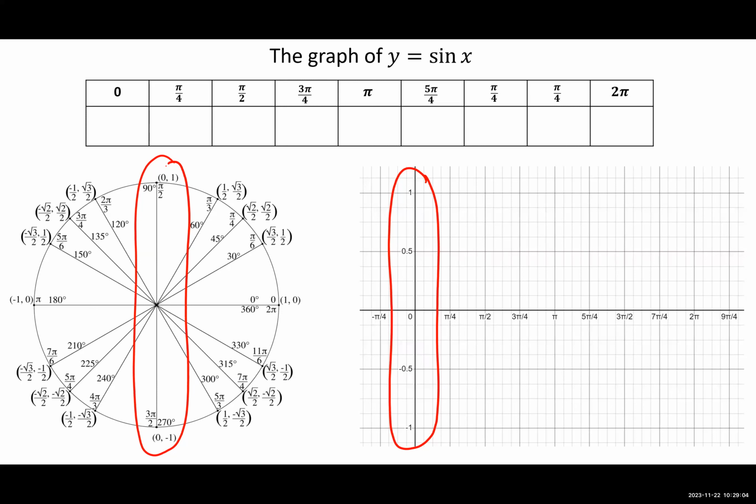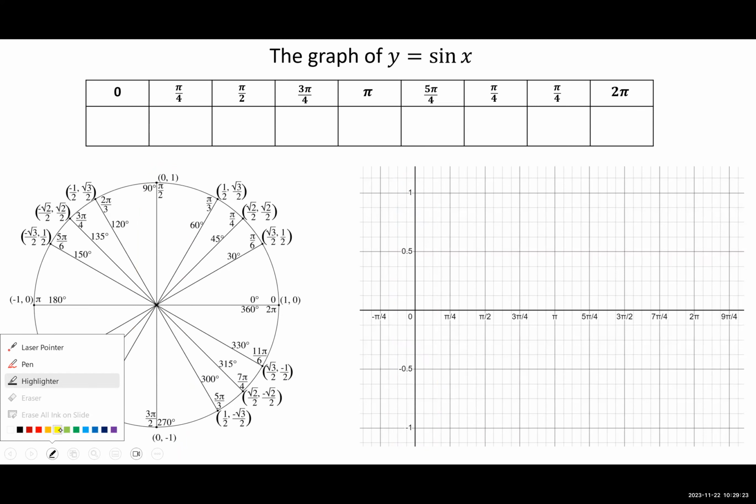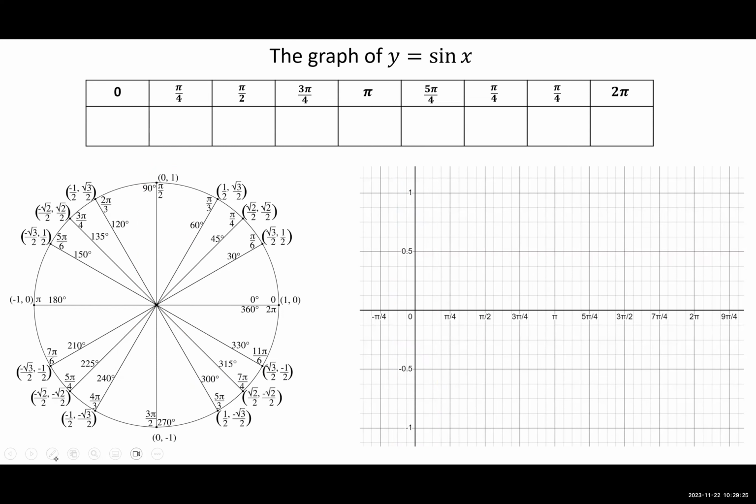Now we're going to use our knowledge of evaluating trig functions. Those y values of those terminal points are all trapped from -1 to 1. That's why I have -1 to 1 on the y-axis. Okay, so let's start evaluating some sine functions so we can generate some points.